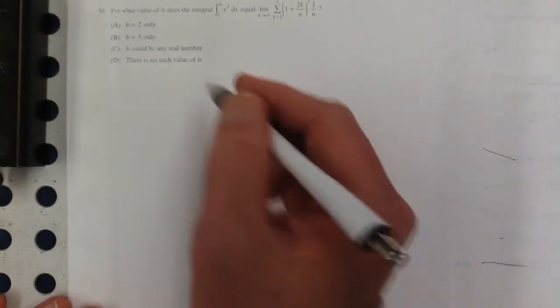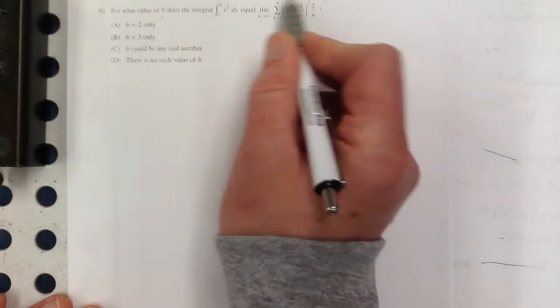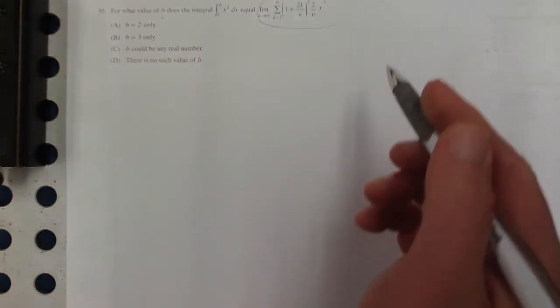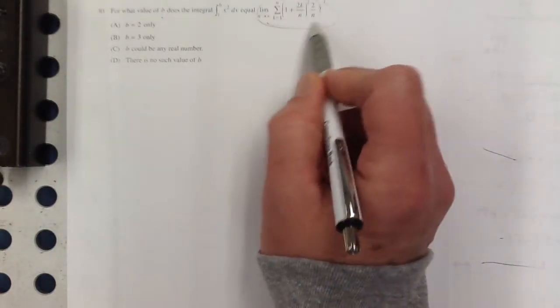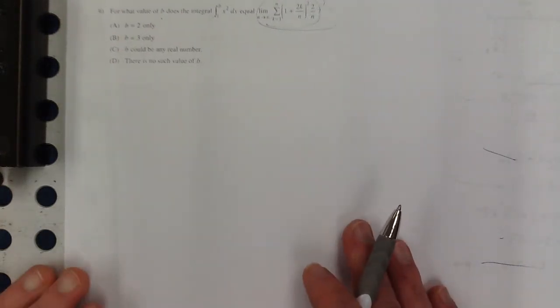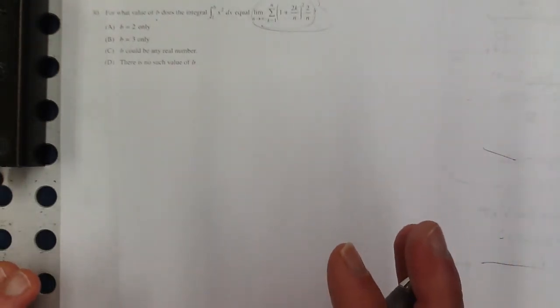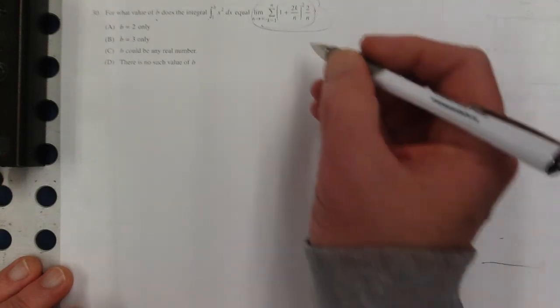Last one. For what value of b does this integral equal that? That's crazy. Well, this is a crazy summation notation version of a Riemann sum. And it's a little tricky to figure something like this out, but we are going to try to do it.